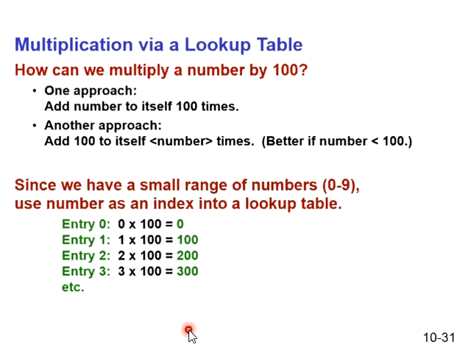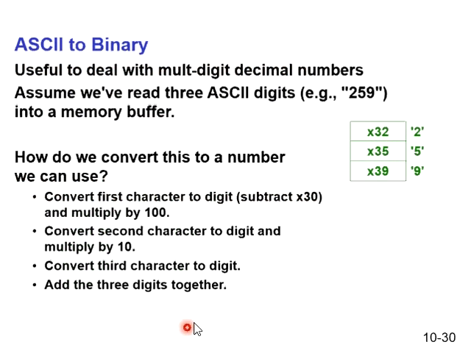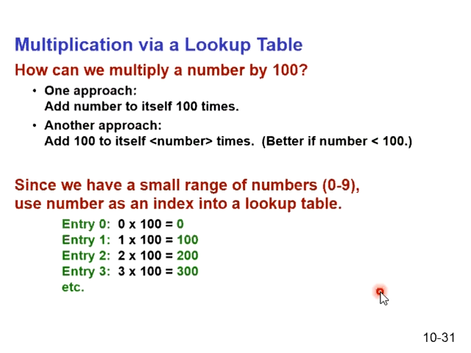We have the same problem when you want to get 50 over here. At that time, you use a second table for storing 10 entries: entry 0 is 0, entry 1 is 10, entry 2 is 20, entry 3 is 30, and entry 9 is 90. That means you have two different tables.